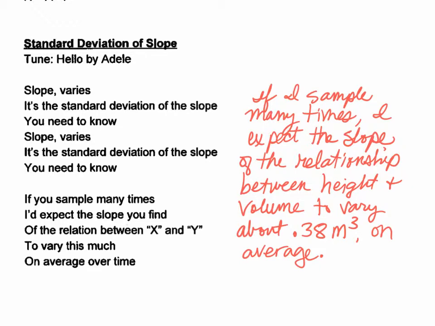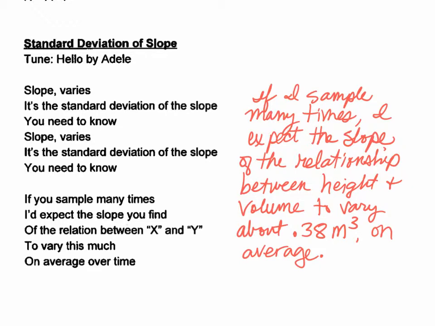So the average amount that the actual Ys will vary from predicted is about that much. Again, I can think in terms of 1 or 2 or 3 standard deviations away from predicted and not be too alarmed. Okay, so we'll listen to that song here in just a second.